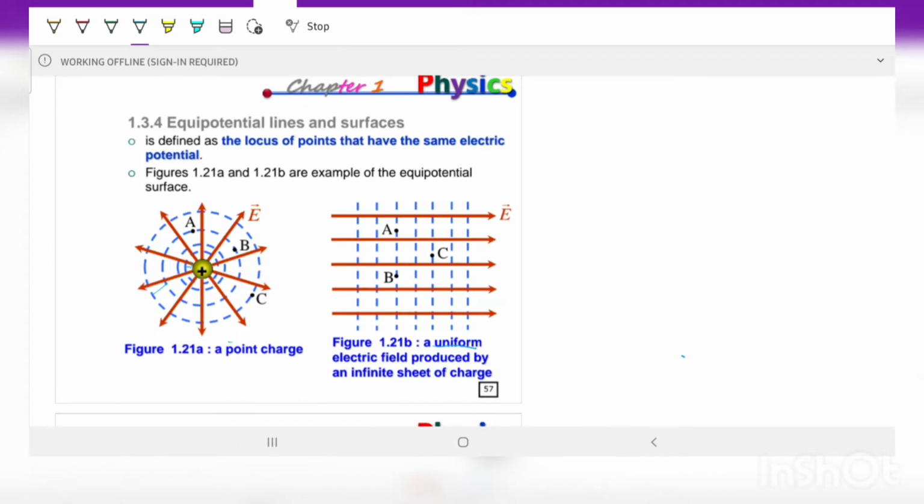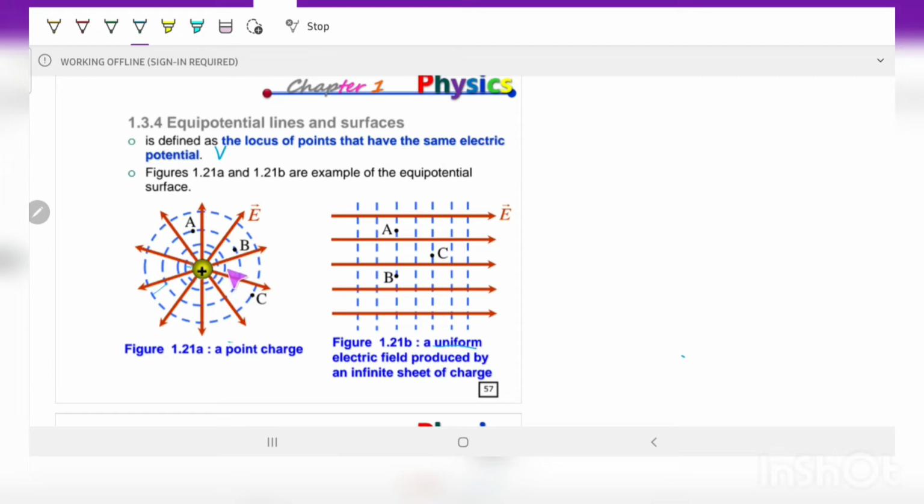Okay, next, equipotential lines and surfaces. So apa itu equipotential lines? Is defined as the locus of points that have the same electric potential, have the same V. So let's say kita ambil yang pertama kat sini, ada positive point charge, electric fieldnya sentiasa keluar, outward. So kalau nampak the blue lines, inilah equipotential lines kita.